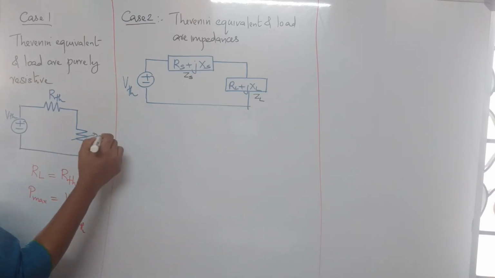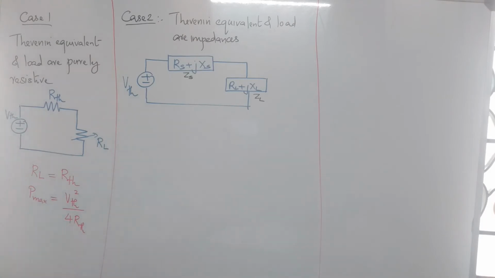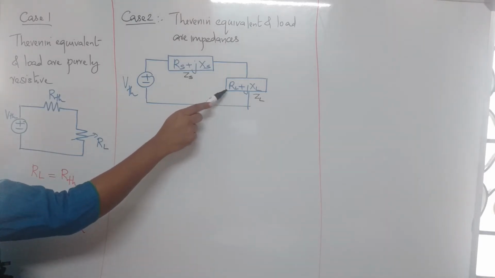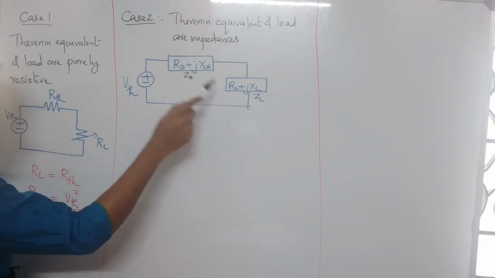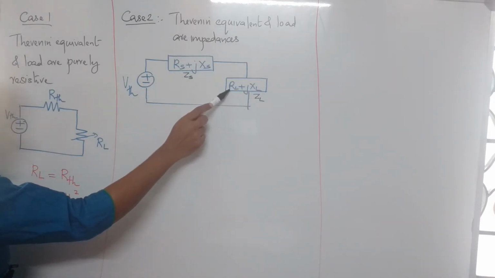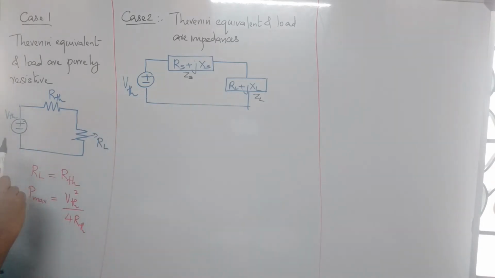Now here also let's see 3 different cases. In the load, which is written as RL plus JXL, there can be 3 variations. The first one is RL alone is varying. That is, though the load is impedance, in that just the real part is varying.